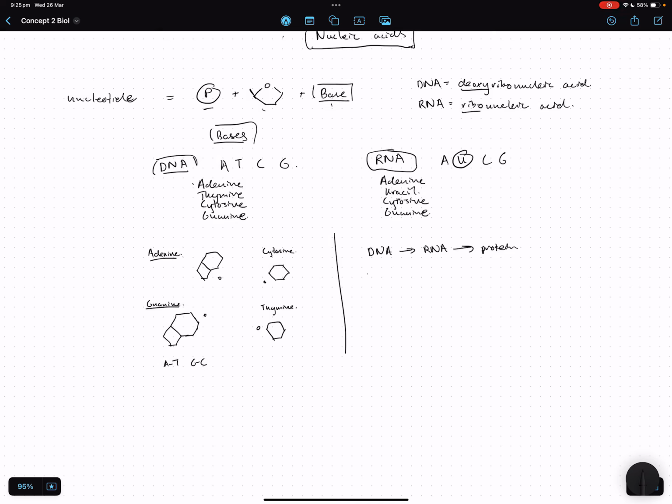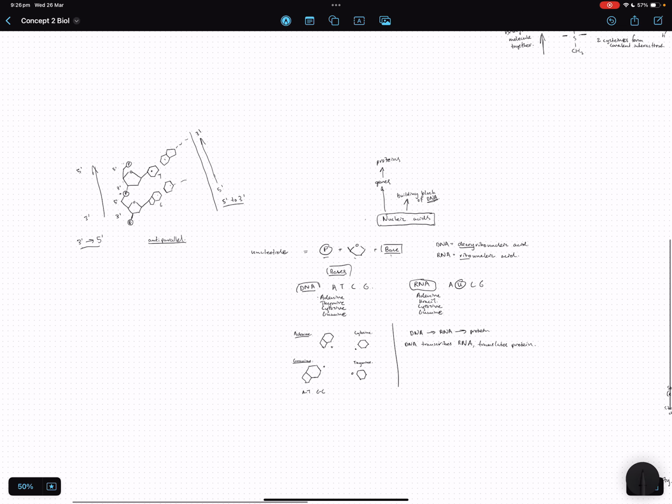And basically DNA transcribes RNA, translates protein. Cool. I hope it was a bit briefer.